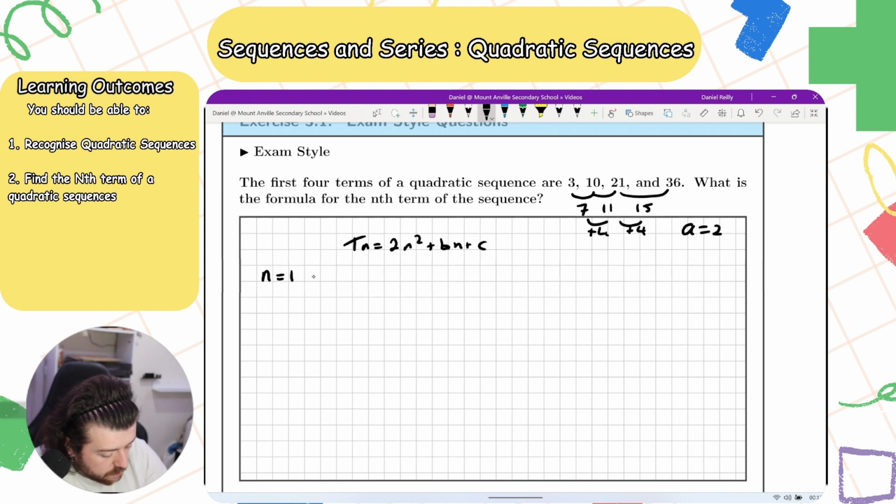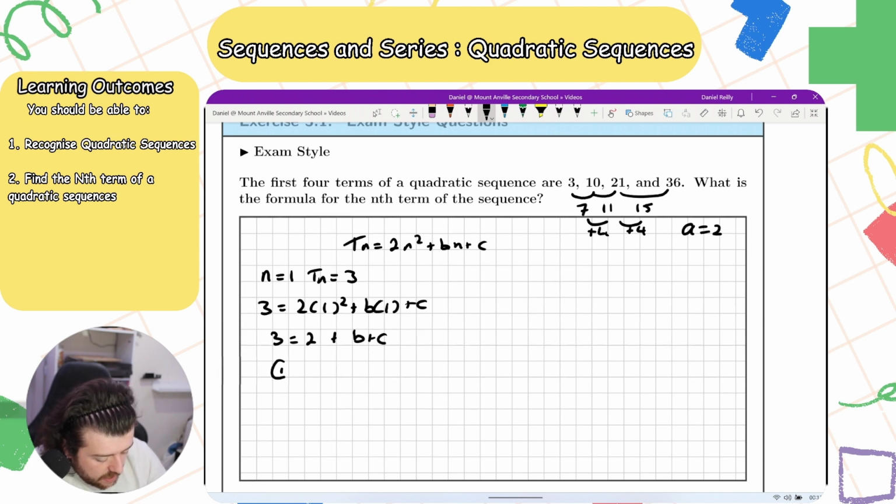So when n equals 1, Tn equals 3. So 3 is equal to 2 times 1 squared plus b times 1 plus c. 3 is equal to 2 plus b plus c. B plus c is equal to 1. That's my first equation there.